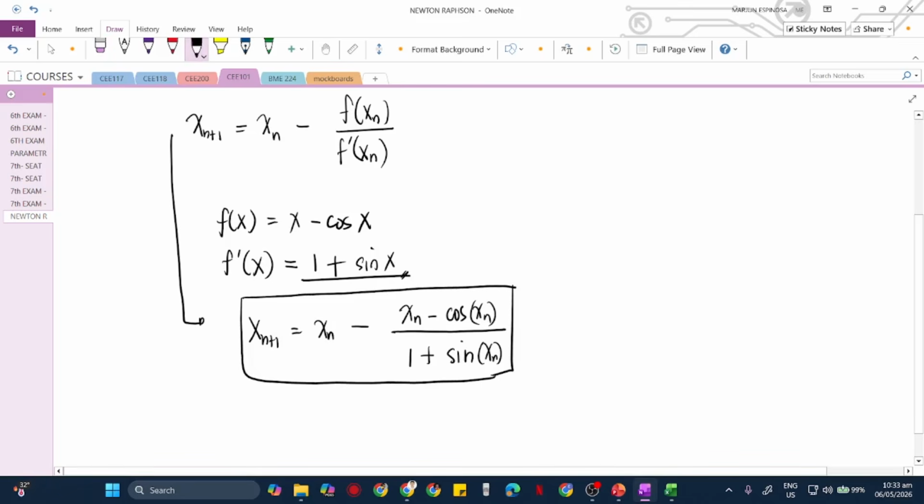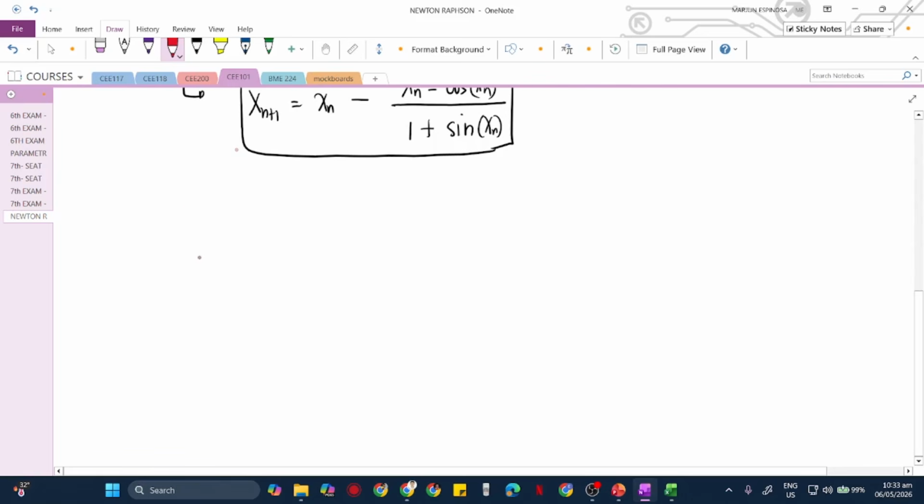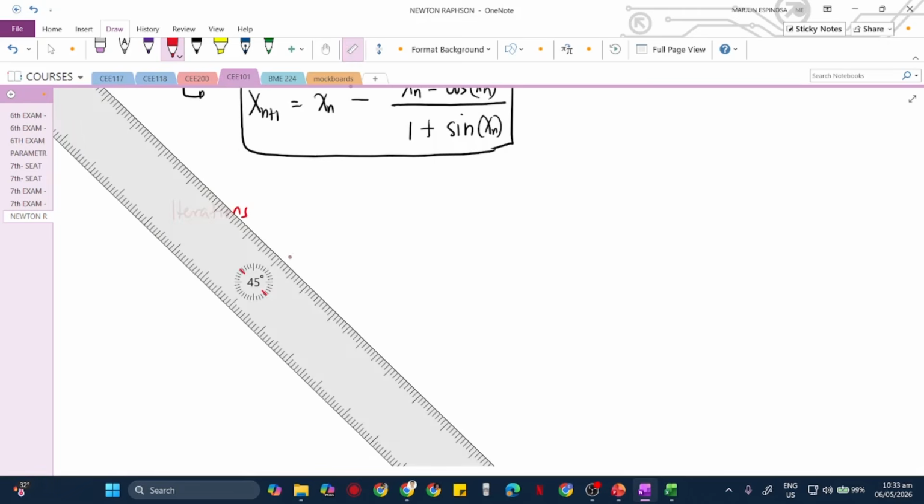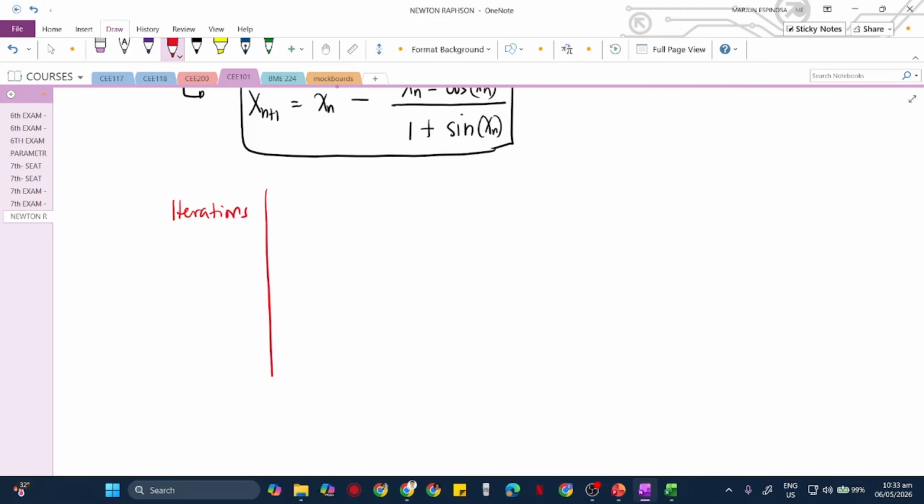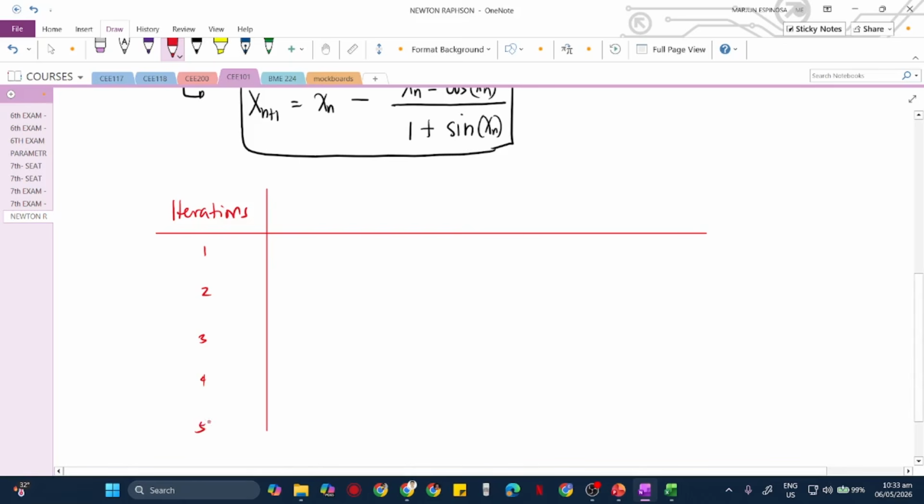So, sa solution nyo, I want to see ganitong process, no? Maglagay kayo ng number of iterations. Dito, may iterations kayo. Okay? Then, gawa kayo ng parang line. Okay? Gawa din kayo ng line dito. Ganyan. So, meron tayong first, second, third, fourth, and ilang iteration yon? 5th iterations.